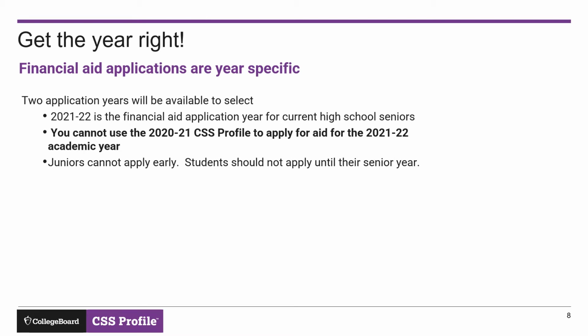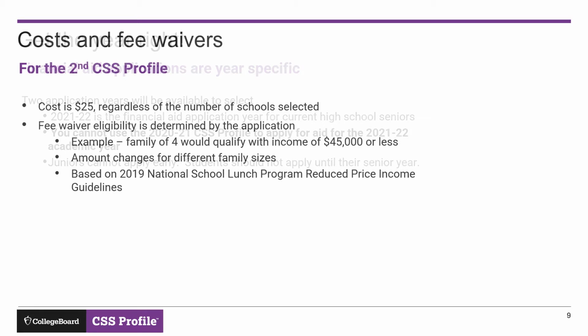Since the applications are academic year specific, if your student is a junior who will not enroll in college in 2021-22, do not submit the CSS profile. You will need to wait until your student's senior year to apply for aid.